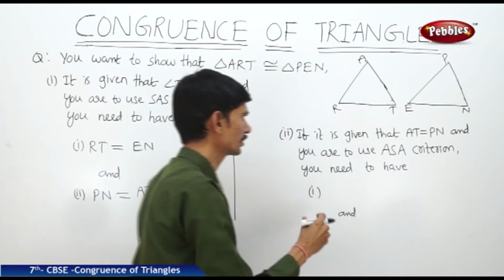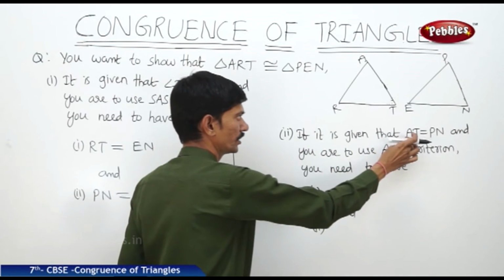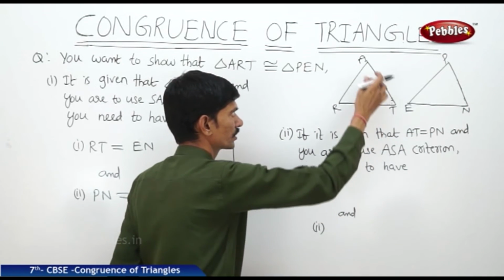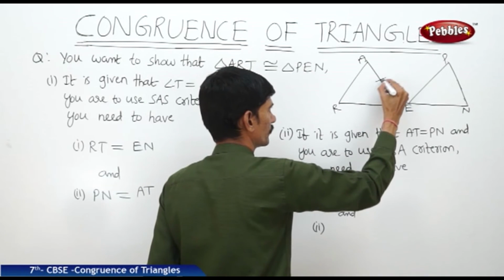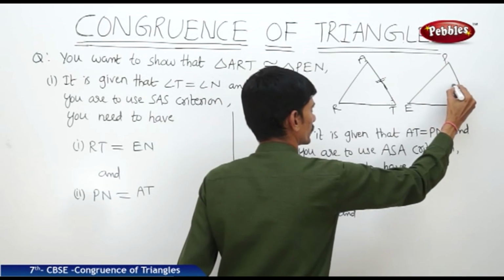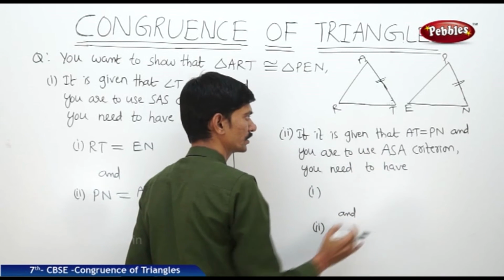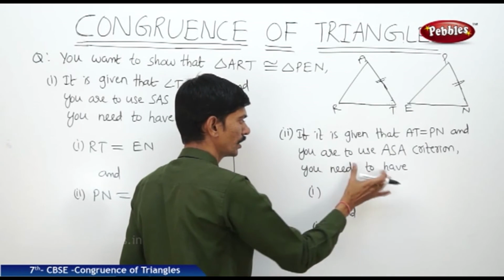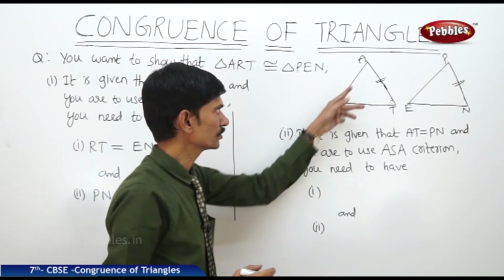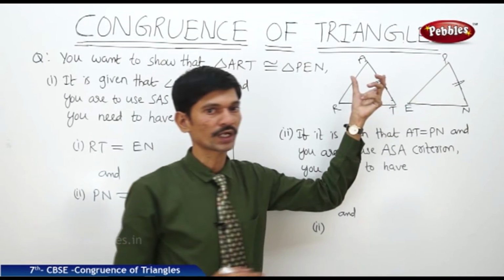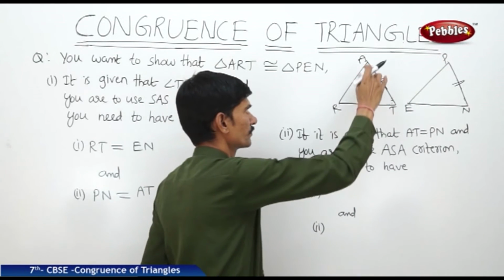Now in the same triangles, it is given that AT equals PN. So here AT equals PN, and you have to use the ASA congruence criterion. When the two sides are equal in the two triangles, now what are the angles?